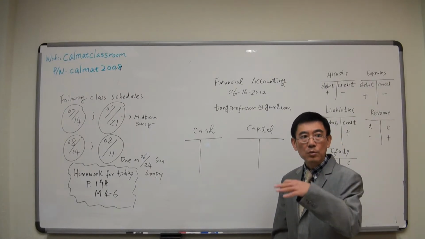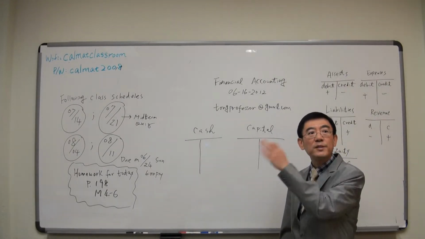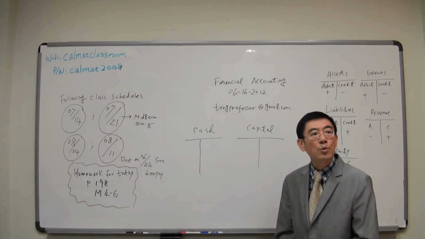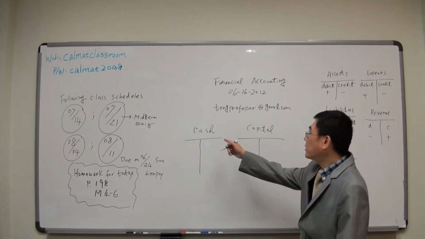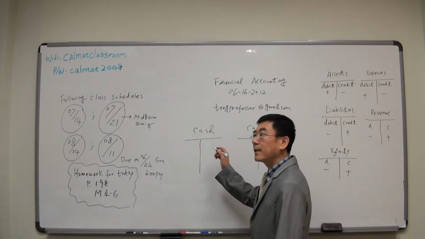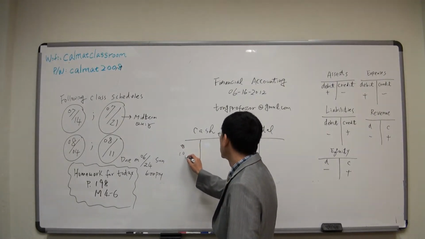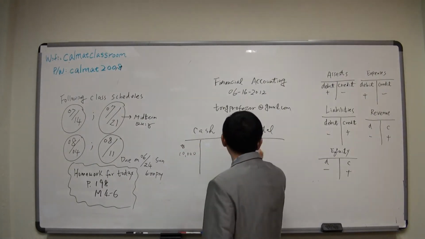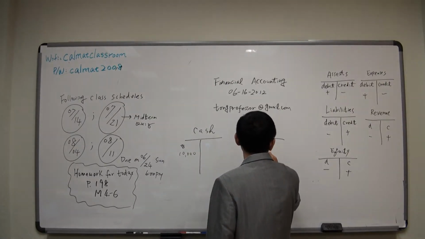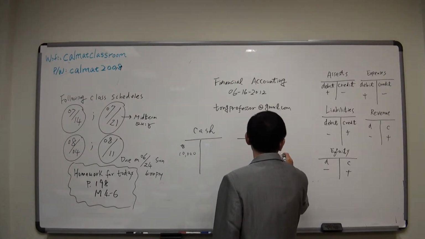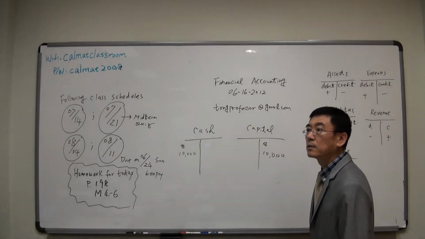Debit is always on the left, credit is always on the right. I will not repeat it again. So here, cash, we know is assets, increase on the debit side. This is the way to do it. And the equity increase is on the credit side. All right?